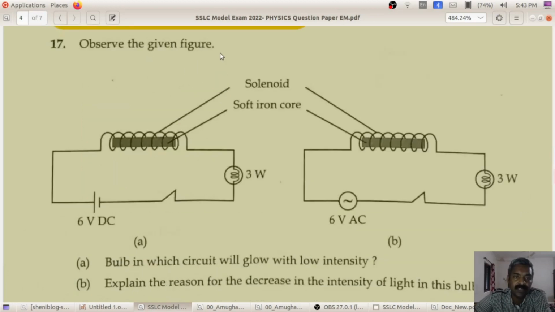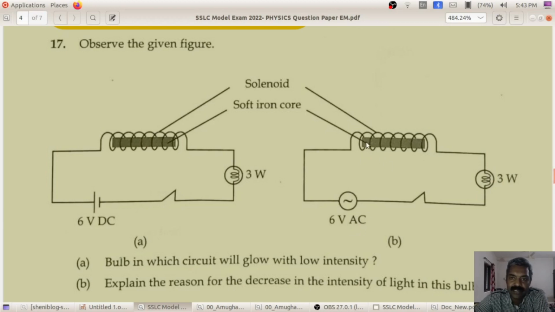Observe the figure. Bulb in which circuit will glow with a low intensity? In the first circuit, a 6 volt DC battery is applied to a solenoid. In the second one, a 6 volt AC signal is applied to a solenoid. We know that a solenoid can generate a back EMF only when an AC is applied.